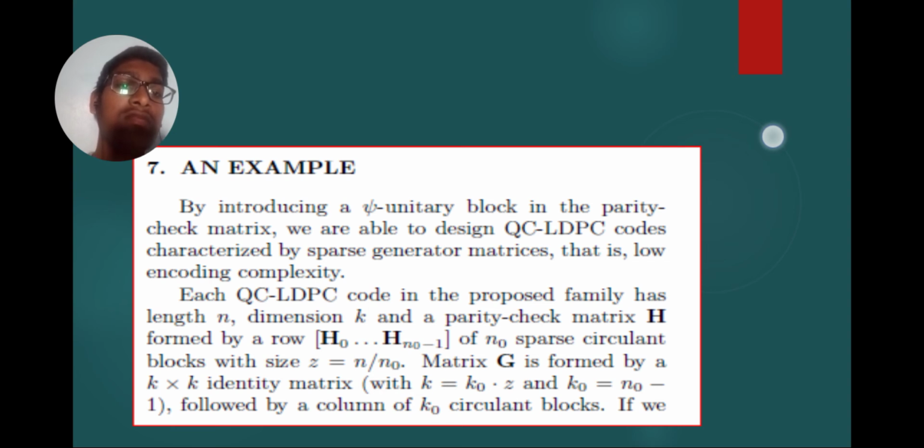Matrix G is formed by a k by k identity matrix with k equals k naught dot z, and k naught equals n minus 1, followed by a column of k naught circulant blocks.